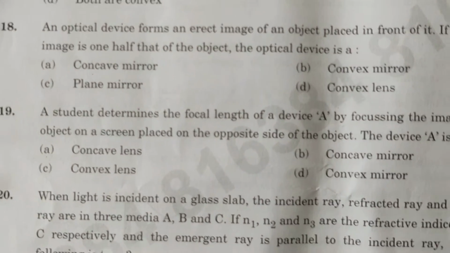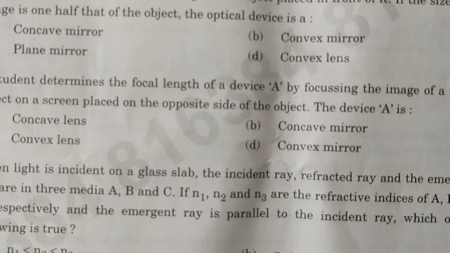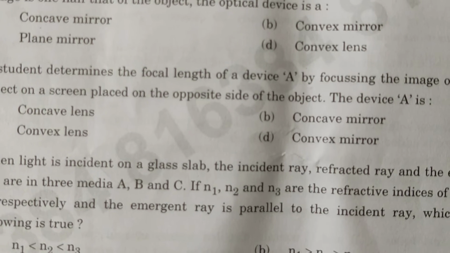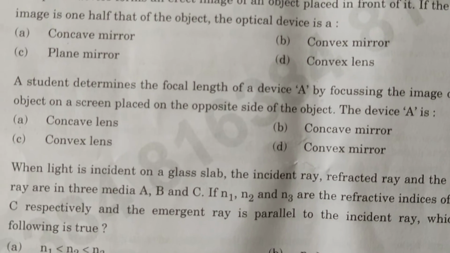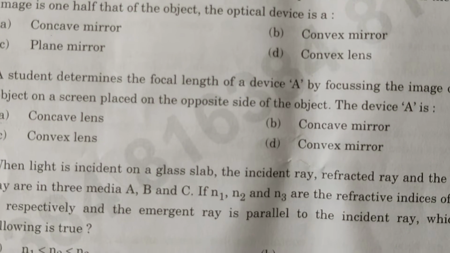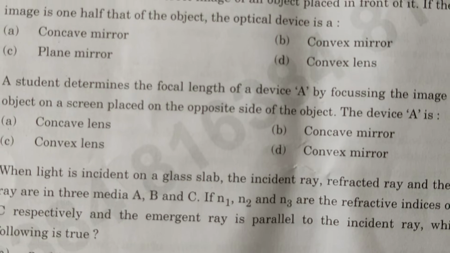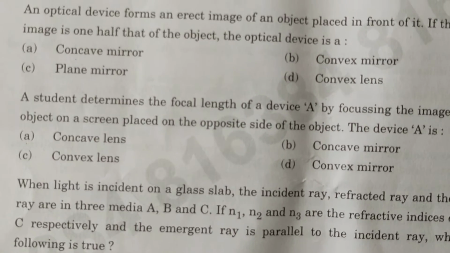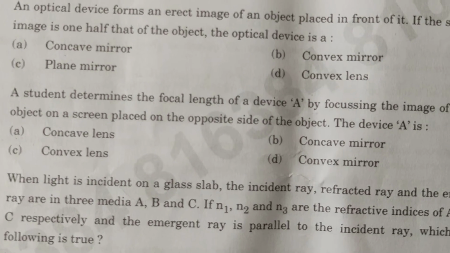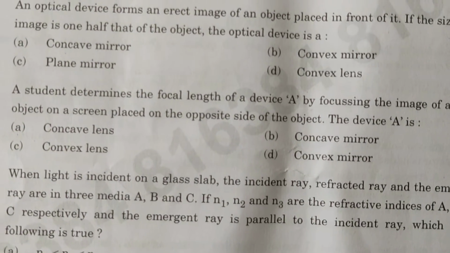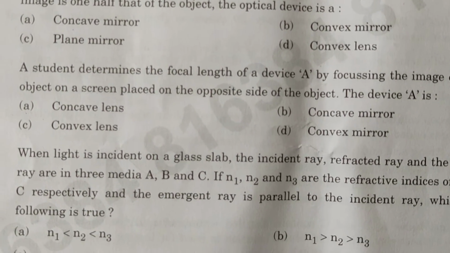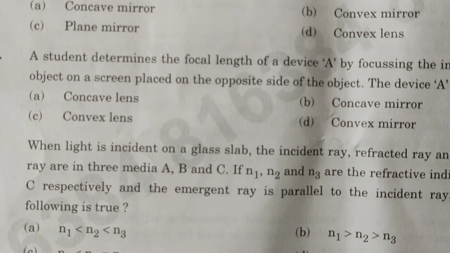Convex lens, when the object is at infinity, parallel rays converge at its focus, which is lying on the other side. So for convex lens, the real inverted and highly diminished image of an object at infinity is formed at focus, which is lying on the opposite side of the convex lens, side opposite to that of an object. So C is the correct option.